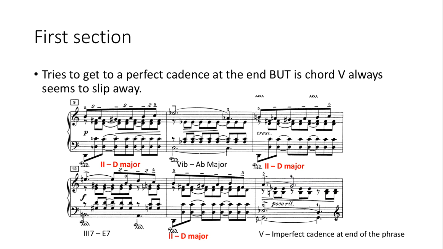But then in bar 9, we land on the major chord 2, so D major, and with the major chord 2, we might expect a progression that moves from chord 2 to chord 5, and then to chord 1.